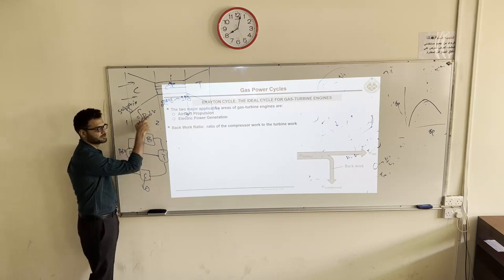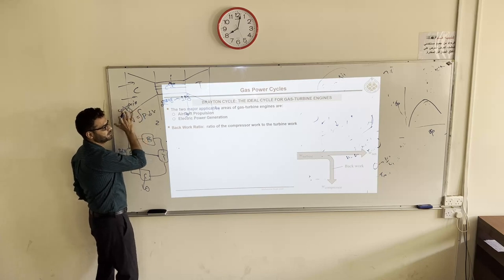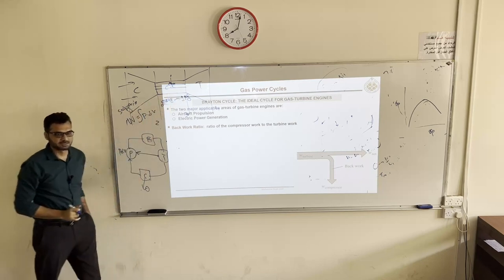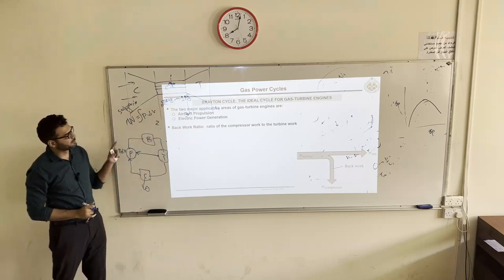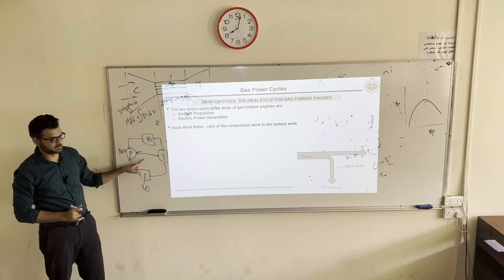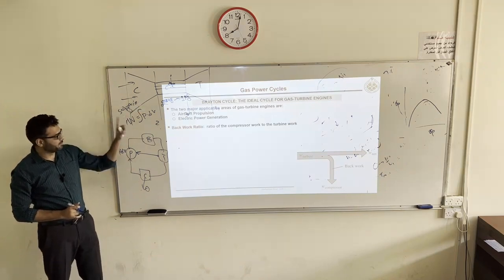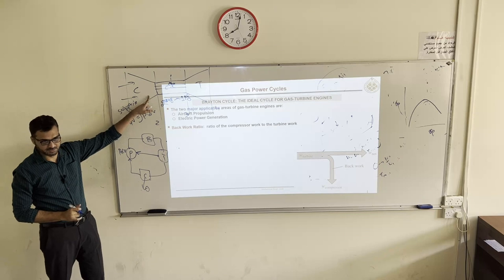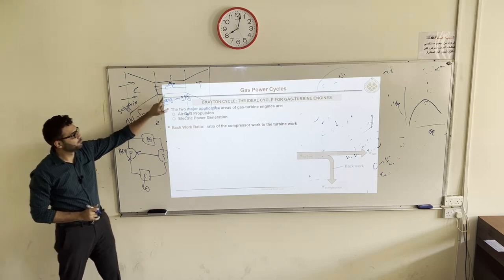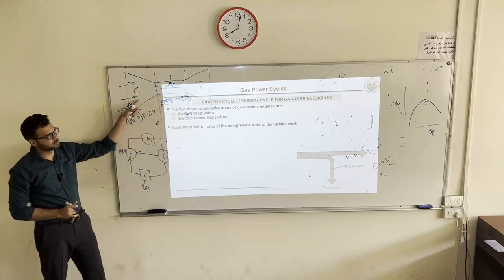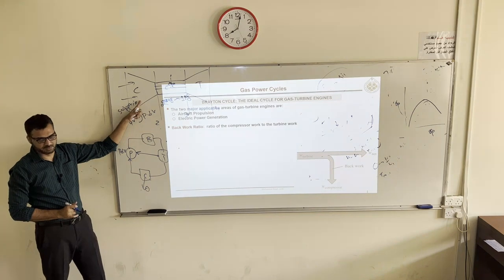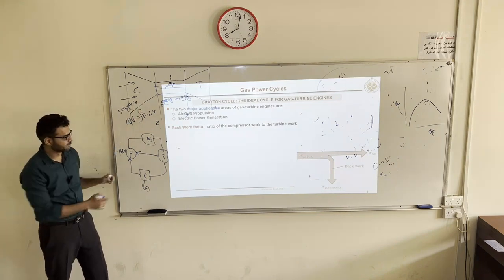Here the change in volume is not negligible, not at all. That's why this work of the compressor is significant in these gas turbines. If you compare a gas turbine versus a steam power plant, that is the major disadvantage of these gas turbine engines. A major part of the power is reused to drive the compressor.